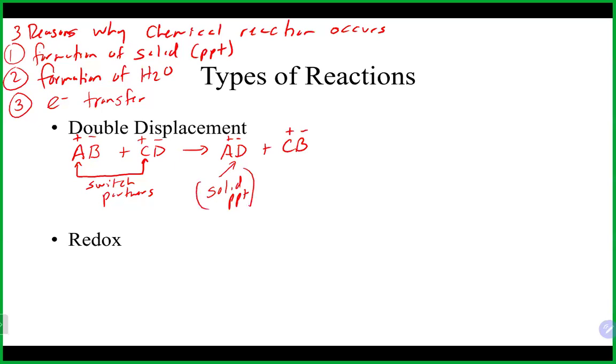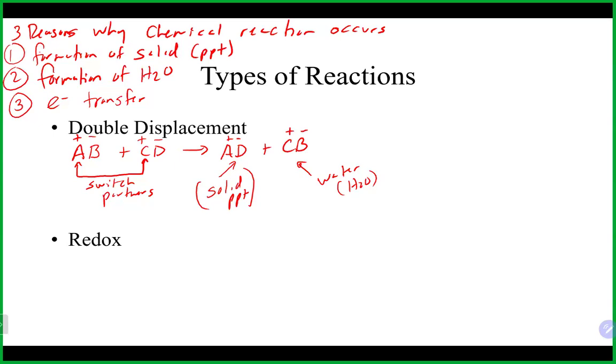And as we'll talk about, that is what is sometimes referred to as a precipitation reaction because we made a precipitate. And another situation, one of these guys could make water or H2O. So when we look at double displacement, which again is sort of the big category of reactions, it accounts for two of the three reasons why a reaction takes place. Either you're going to make a solid as a result of that, or you're going to make water as a result of that. And again, those are two of the three reasons why a reaction will take place.